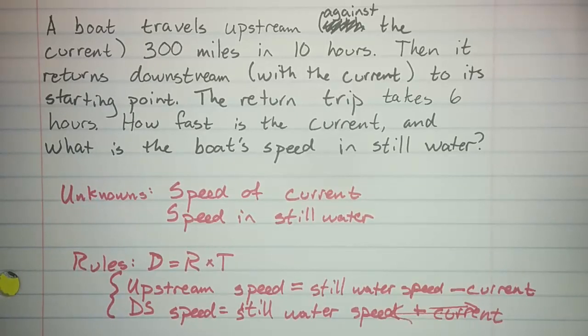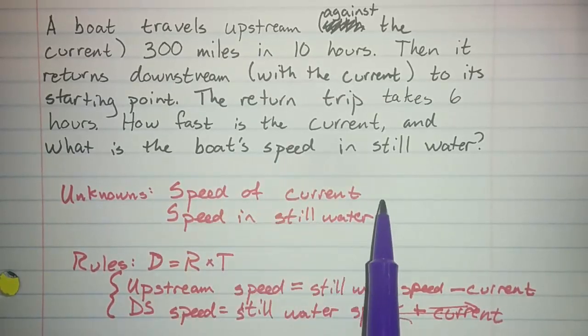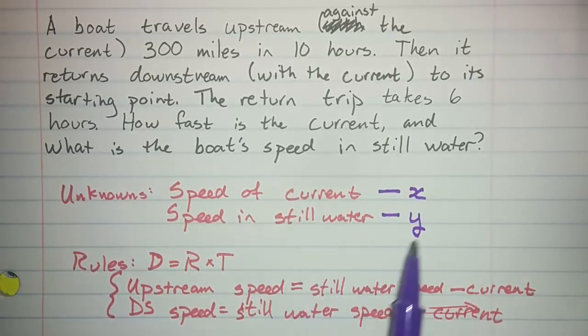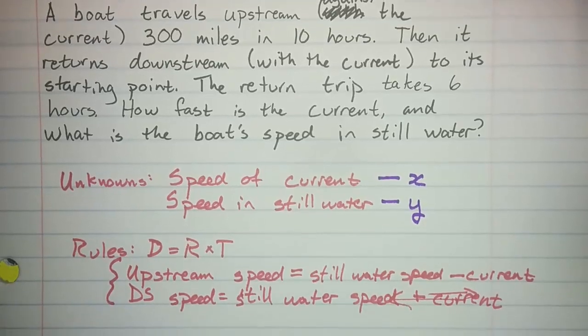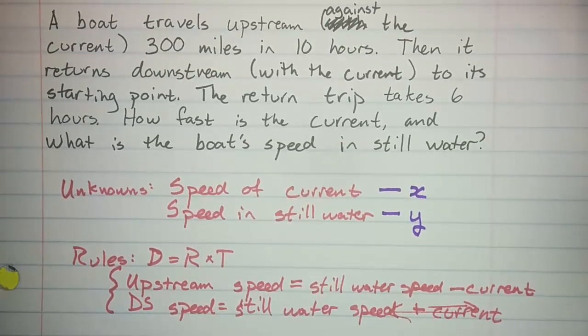Okay. I promised you two possible models, and they both use the speed of the current. I'm just going to call these x and y because they're both speeds, and I don't feel like coming up with clever names for them. You, of course, could use whatever other letters you chose.